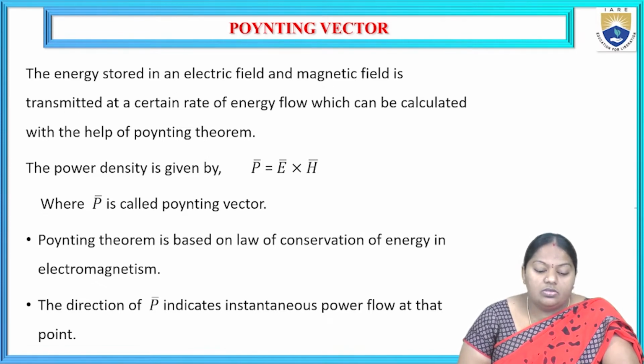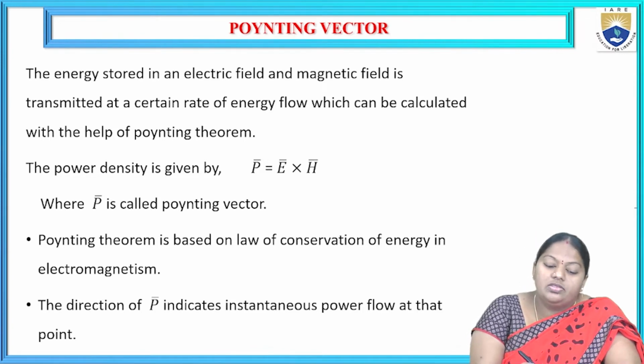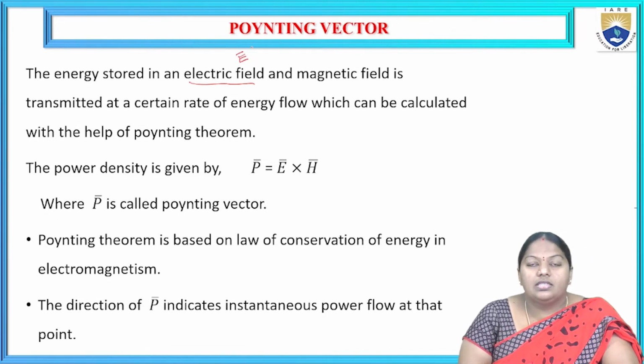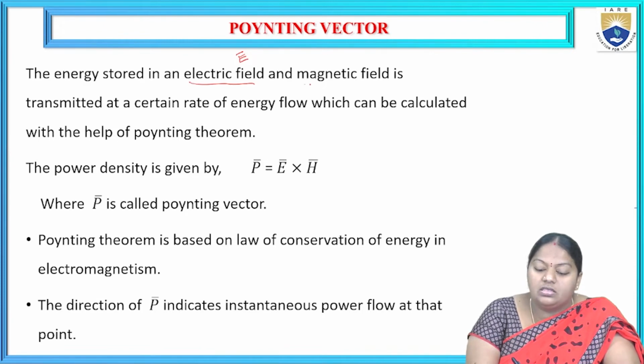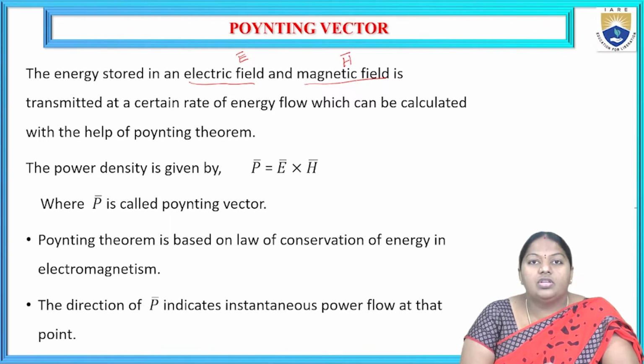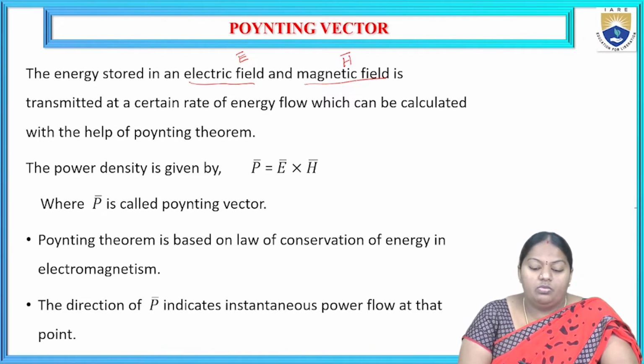The energy stored in an electric field and the magnetic field, means in general we represent the electric field intensity with E, it is a vector, hence it is denoted with E bar, and the magnetic field intensity vector is denoted with H bar. Vector notation, we write as a letter followed by an over bar.